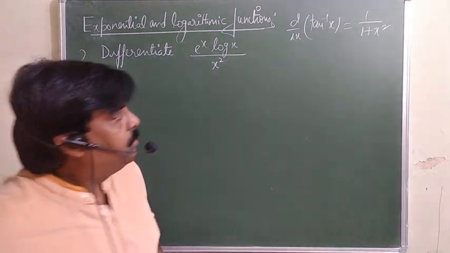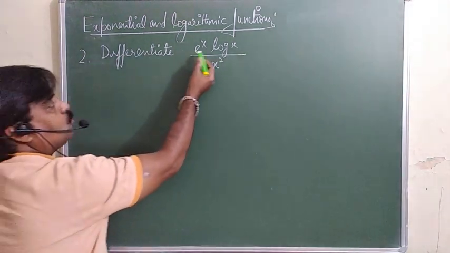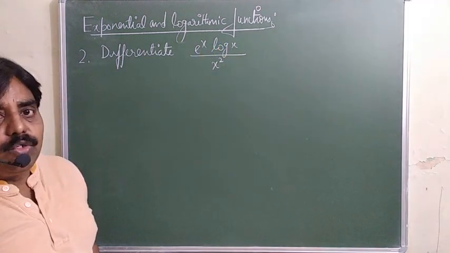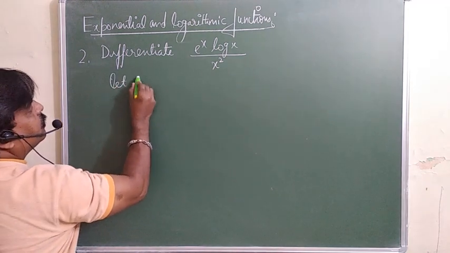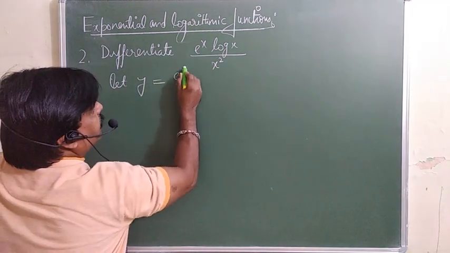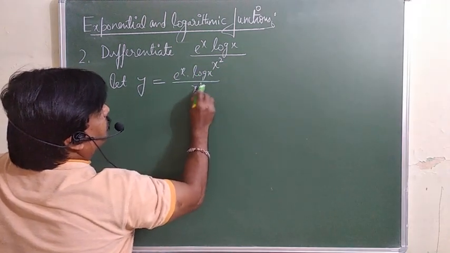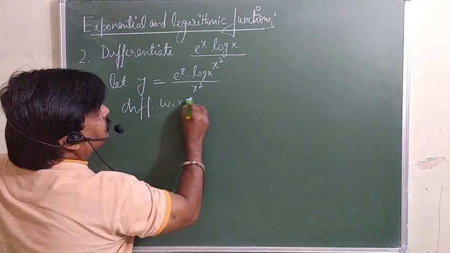Okay, now one more question we are taking. This is e raised to power x into log x over x square. So here you have to apply the quotient rule first. Assume that y is equal to e raised to power x into log x over x square. So we are going to differentiate with respect to x.